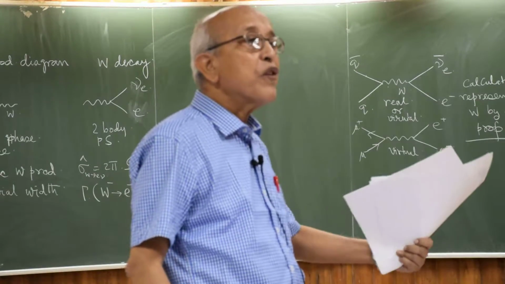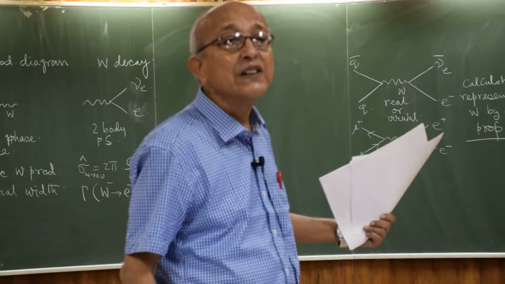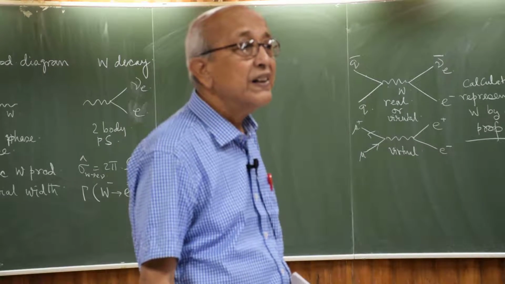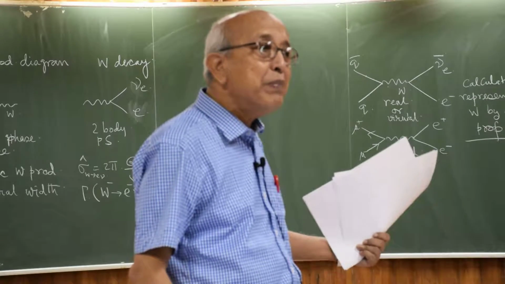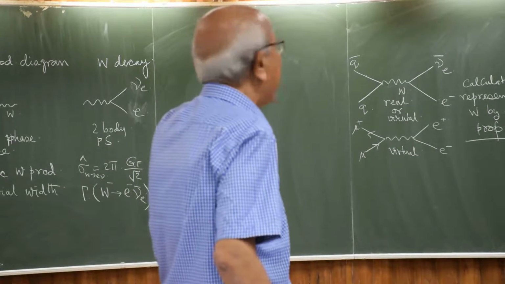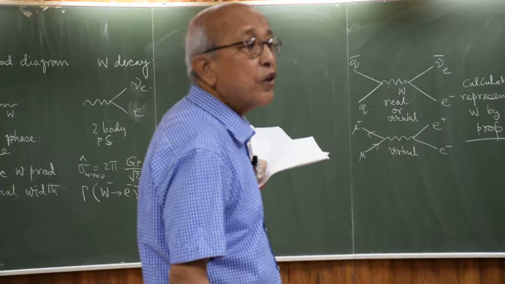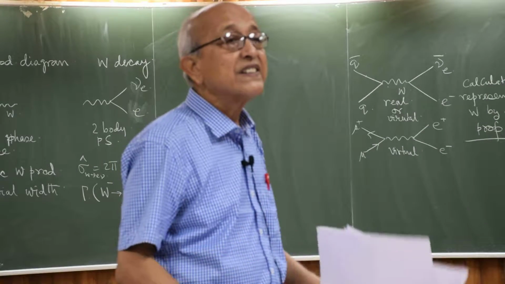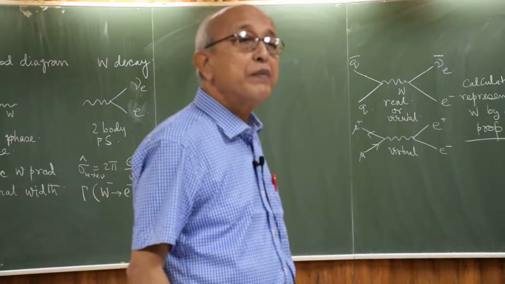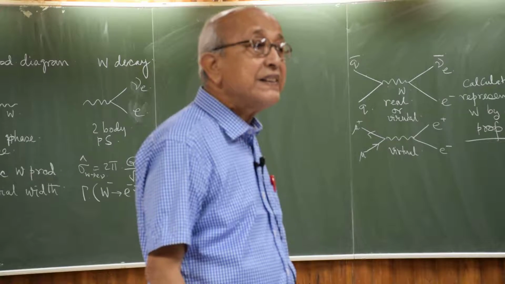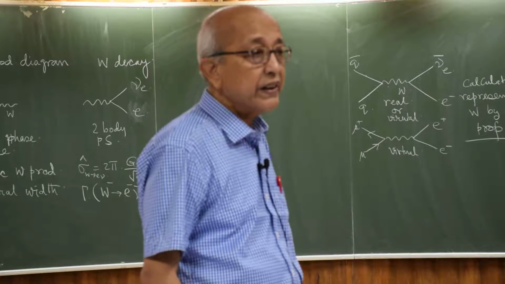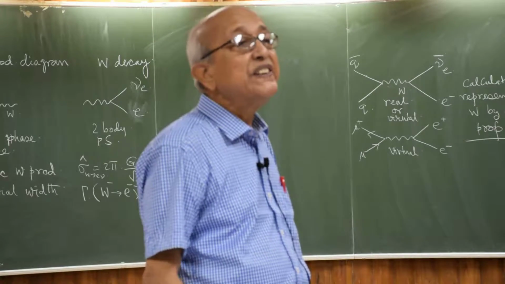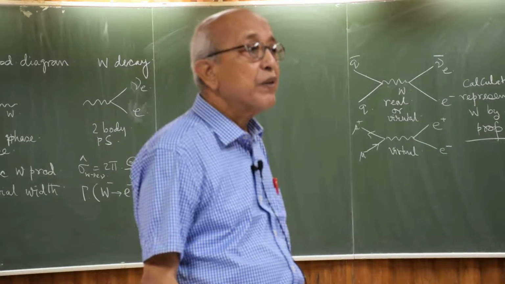So in some configuration, s will be equal to MW squared. Sometimes it will be larger, sometimes smaller, and then simply the propagator will blow up if the gamma W MW term is not there. So first of all, let us realize that gamma W MW is actually helping you to get out of the singularity. But what is the physical origin of this gamma W MW?